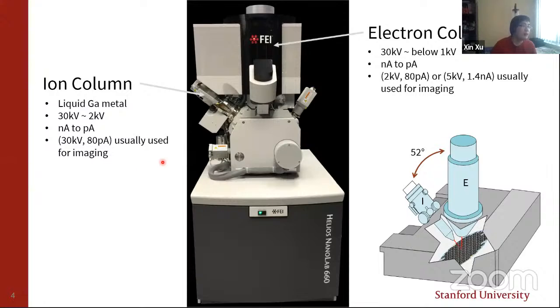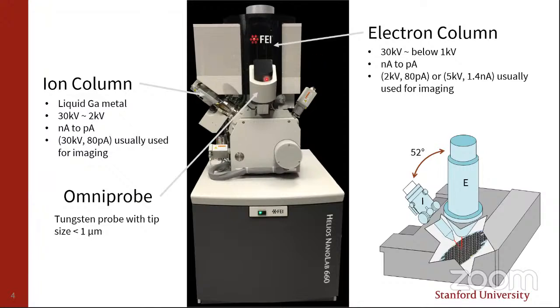There is another feature, which is an Omni probe installed in the FIB. The Omni probe is basically a custom probe with tip size less than 1 micron. You can use this probe to transfer samples locally and also do some interesting things, which I will also discuss later.